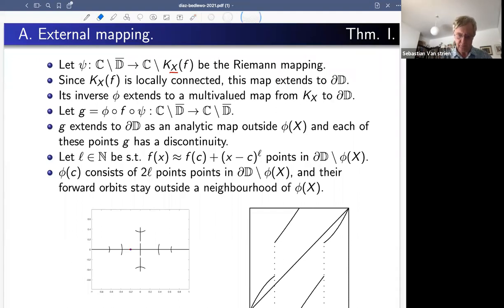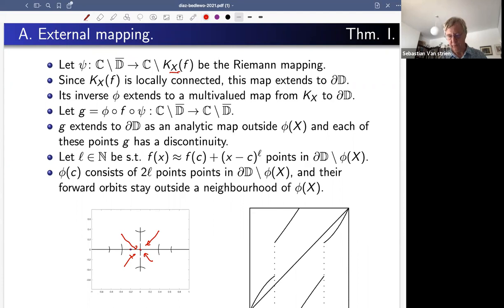To explain, you have different approaches to this point here. You have 4 ways of going to this critical point, and all of those will actually correspond to the same point in Kx.